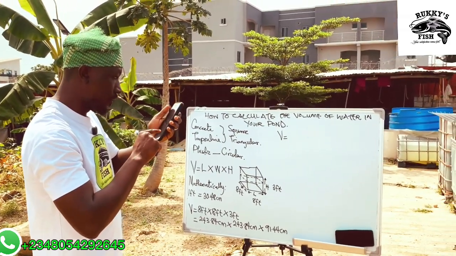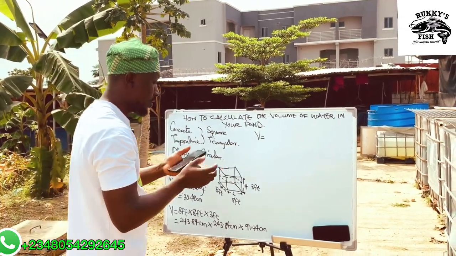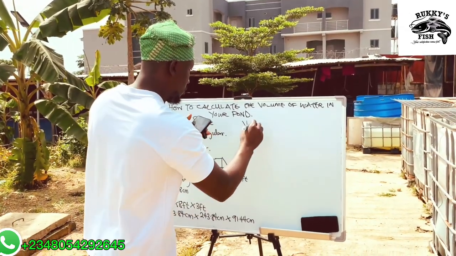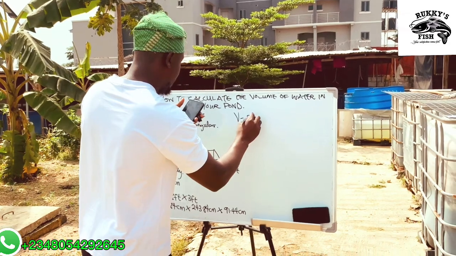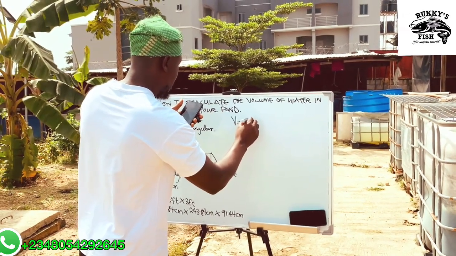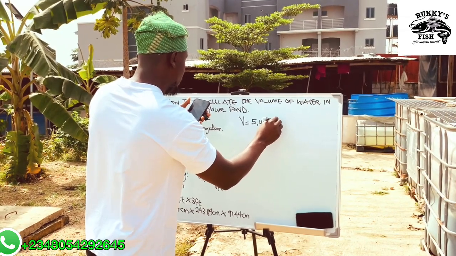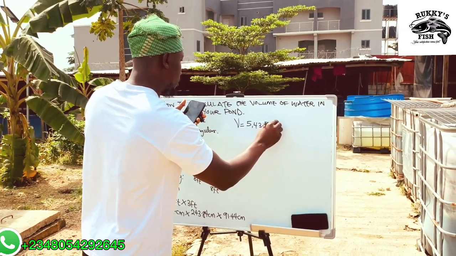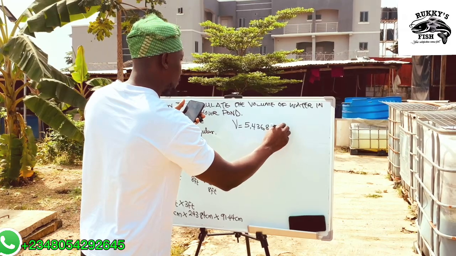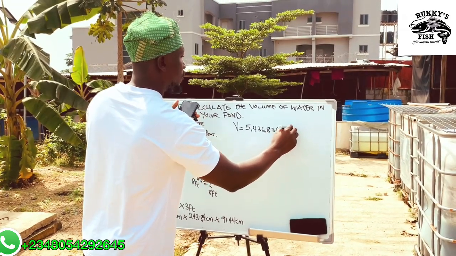And what do we have here? This is massive. So we've got 5,436,834.545.